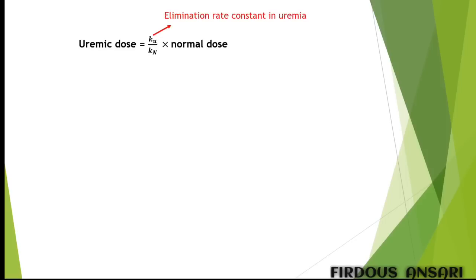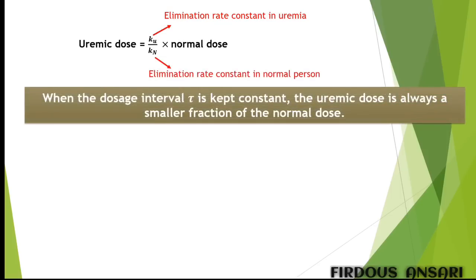Ku stands for elimination rate constant in uremia, Kn for elimination rate constant in a normal person. When the dosage interval, that is tau, is kept constant, the uremic dose is always a smaller fraction of the normal dose. Obviously, since the dosage interval is kept the same, we need to reduce the dose of the drug.